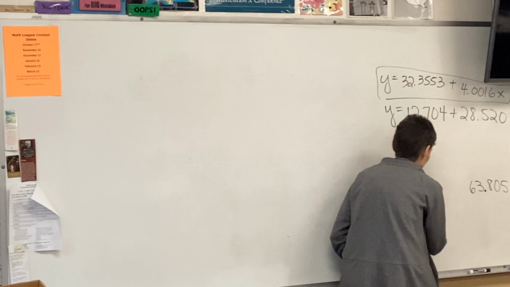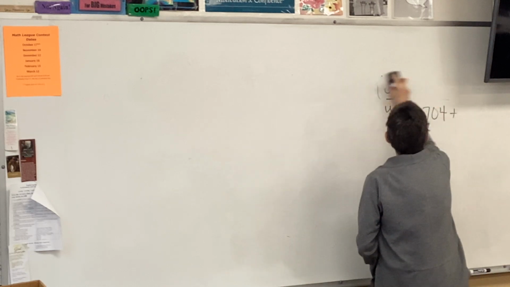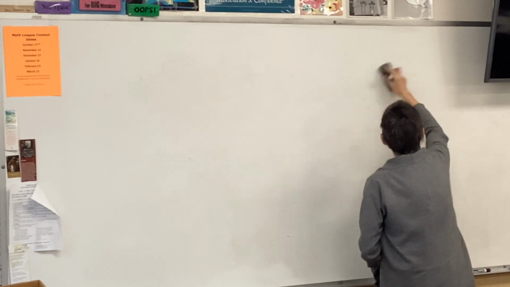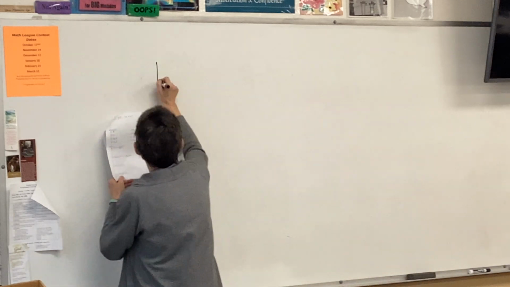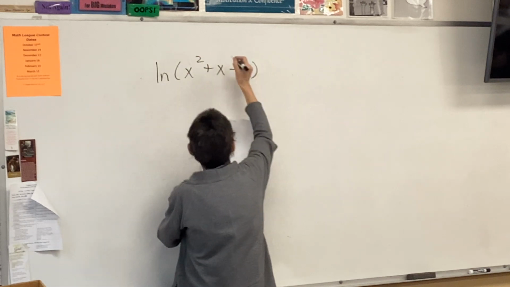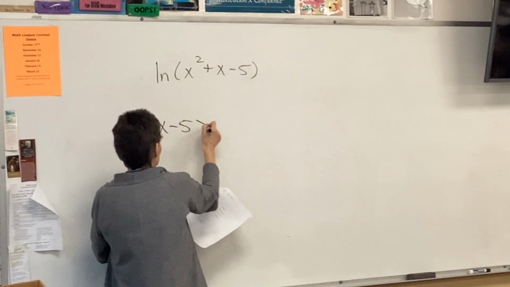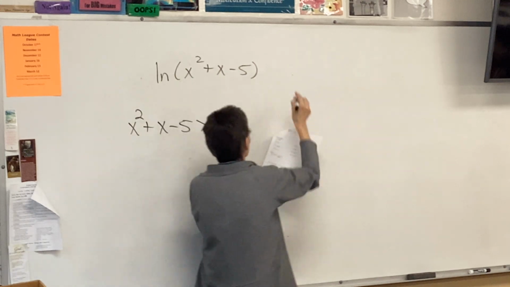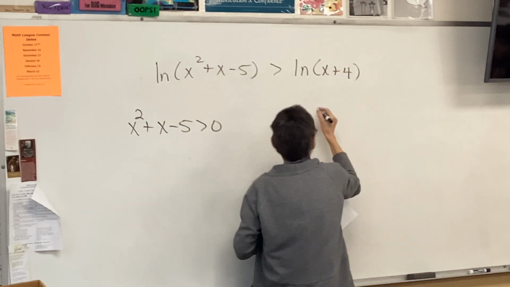So, right from the get-go, I gotta make sure that x squared plus x minus 5 is positive. And x plus 4 is positive.